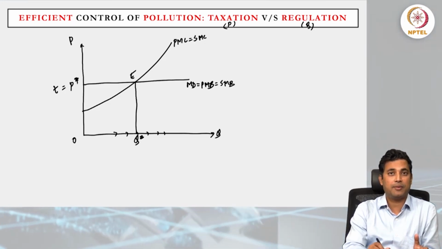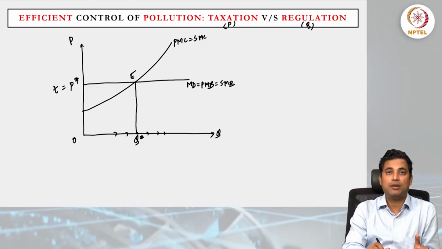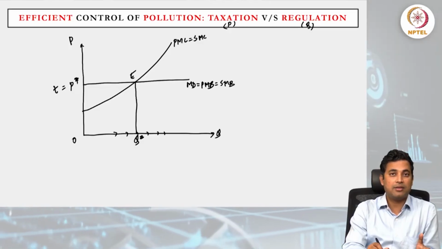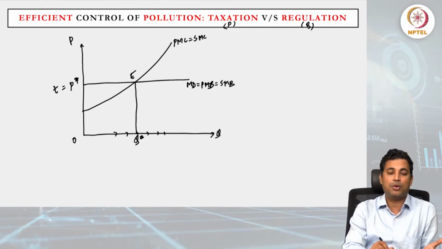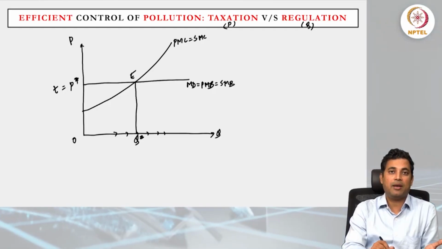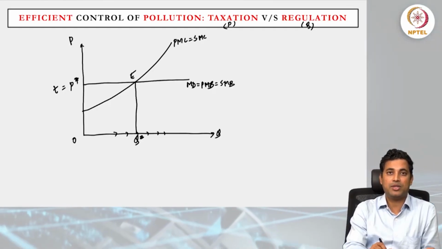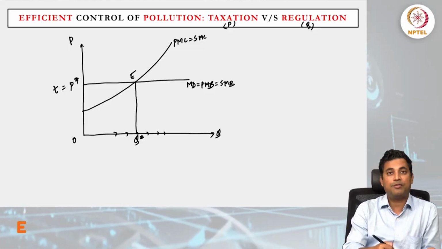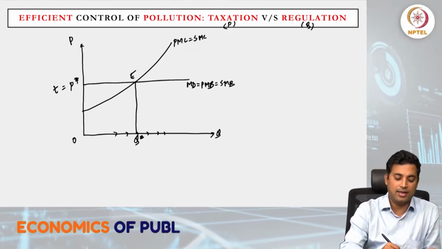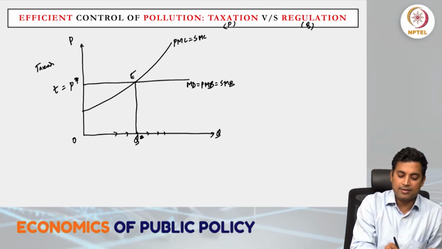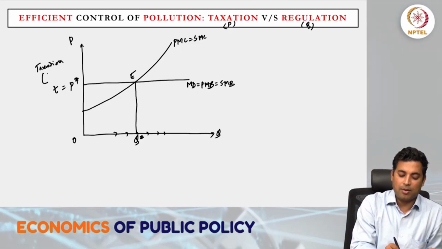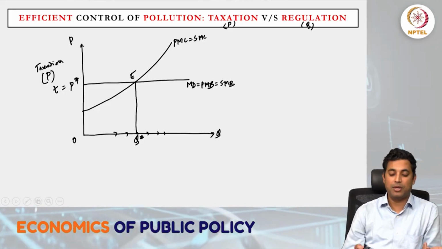So we impose a penalty on bike riders or car drivers if they don't check the pollution of their vehicle. On the vertical axis it is taxation, and taxation, from the model we know, is the price of pollution.